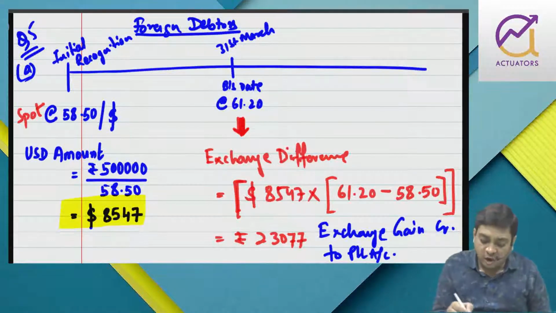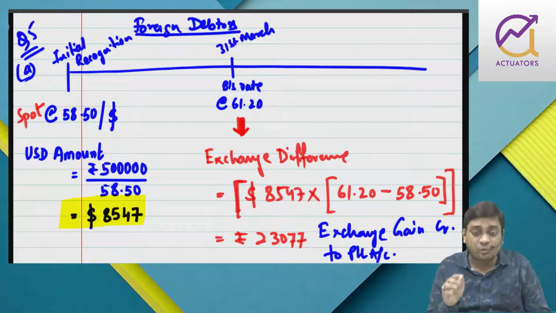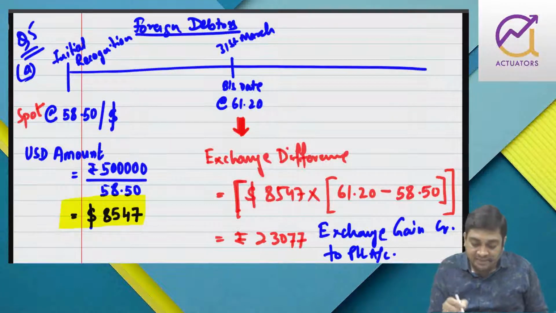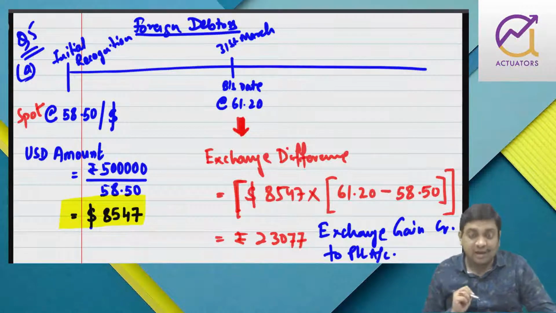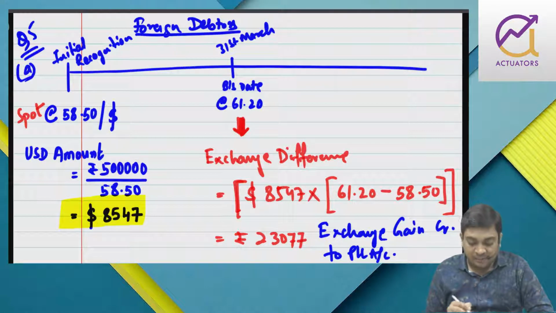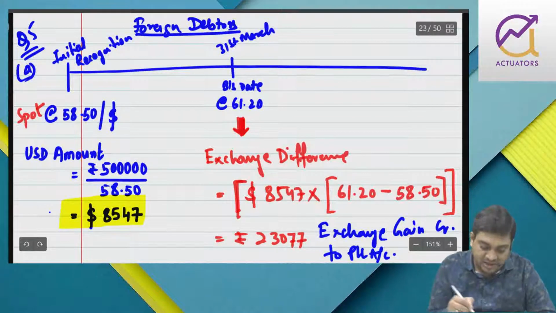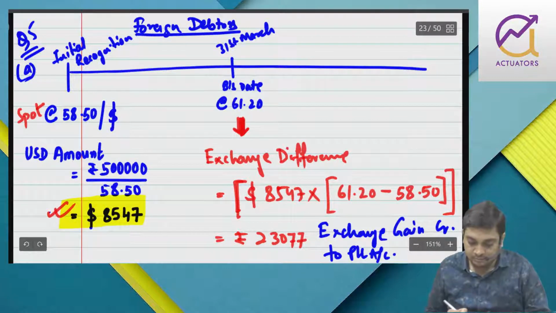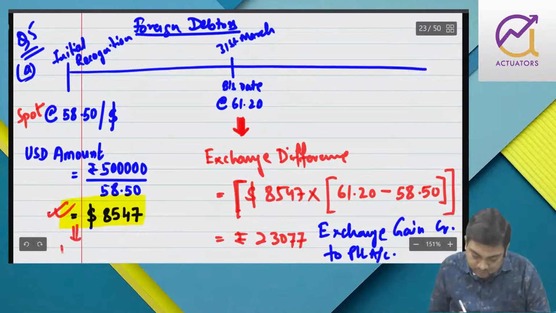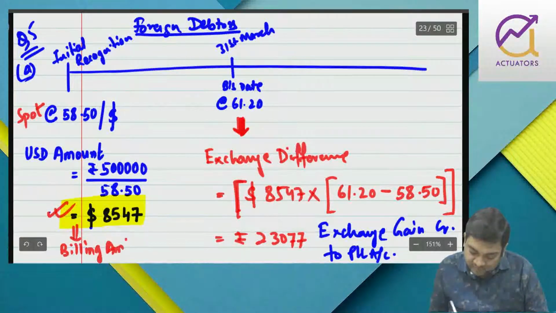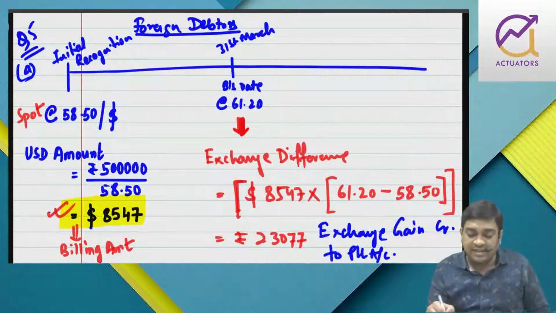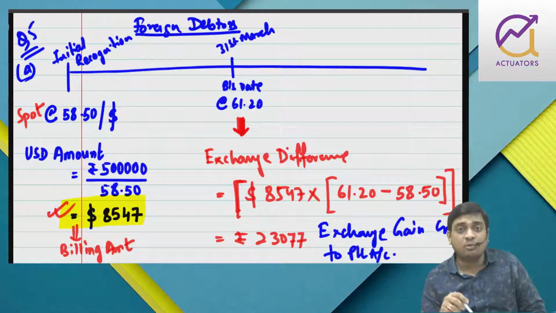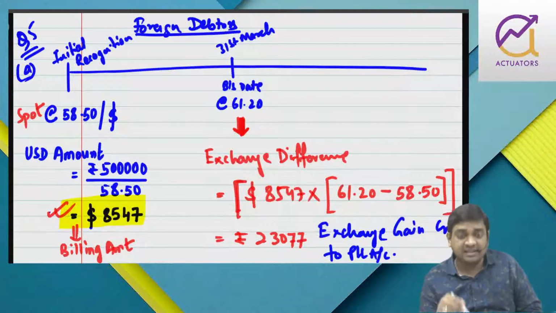So initial recognition of this foreign debtor in Indian rupee is 5 lakh. And the then spot rate was earlier 58.5. So what was the dollar amount? The billing was done in this dollar amount, yes or no? The billing was done in foreign currency, but the foreign debtor is recognized in Indian rupee by converting at the then spot rate.